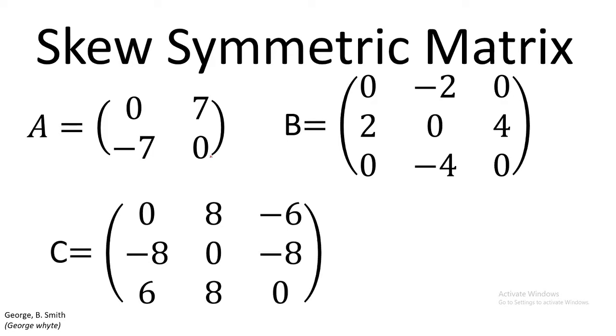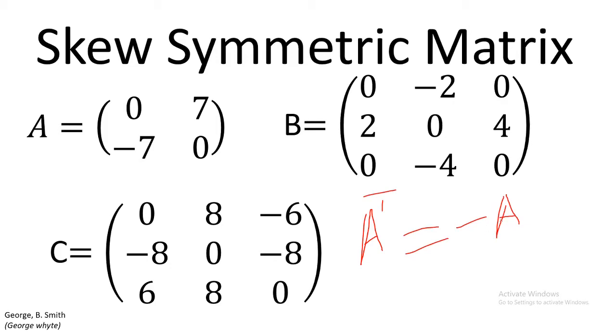But that's not the only thing that needs to be satisfied for a matrix to be called a skew symmetric matrix. Something else we need is this: when you transpose a matrix, it will look as though I just multiplied the matrix by a negative sign. Okay? When you transpose the matrix, it will be the negative of the matrix itself.